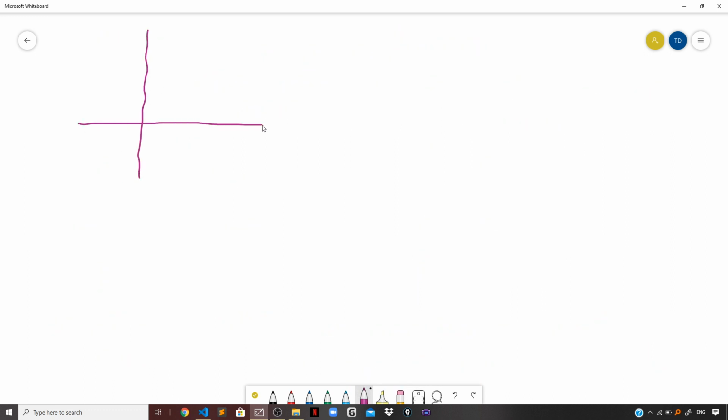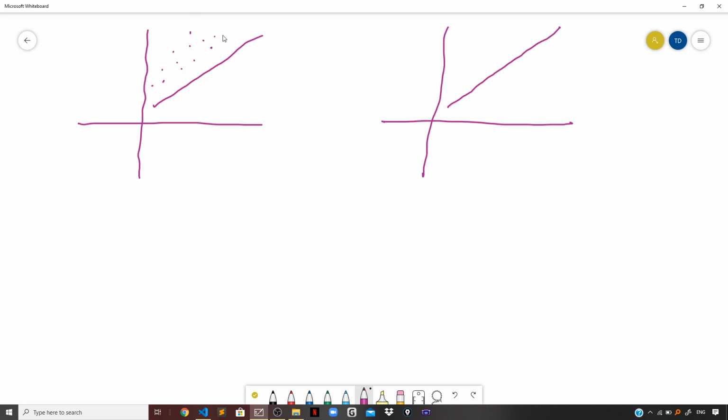So let us say we have two scatter plots, and let us assume that the equation of our regression line is the same in case of both the datasets. So we have the same line in case of both the datasets, but there is a difference between the two datasets. The one thing that you can see is that in the very first dataset that I'm going to consider, the point density for the scatter plot is going to be more variable.